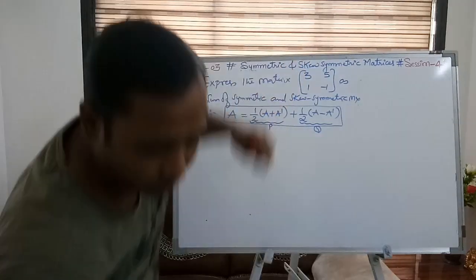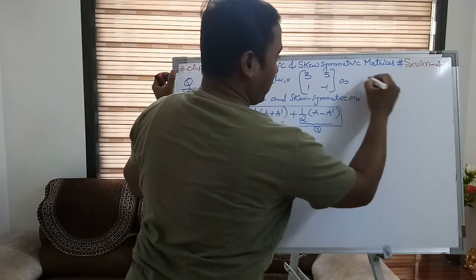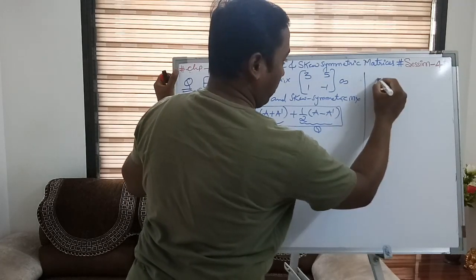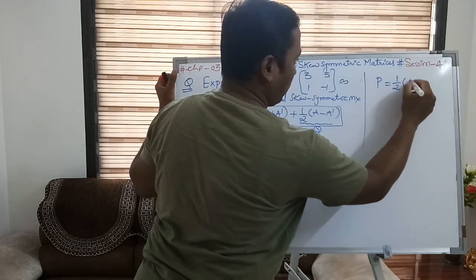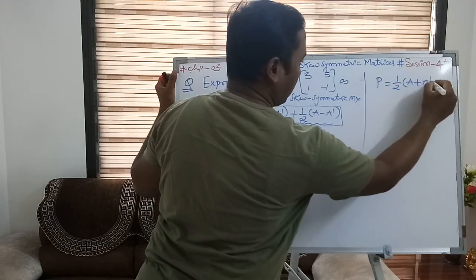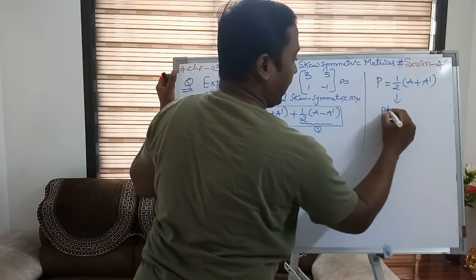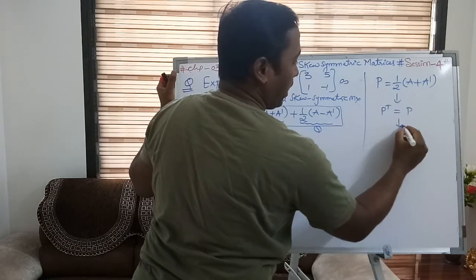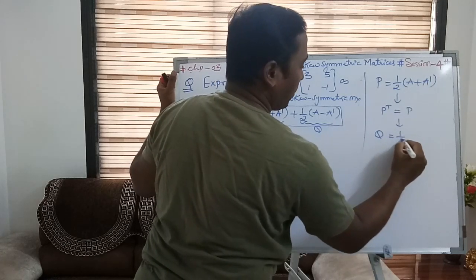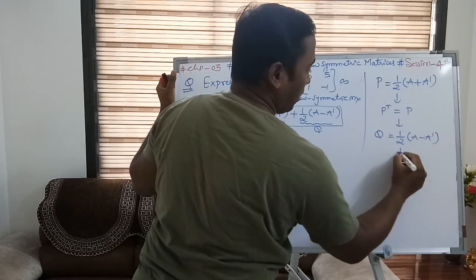To prove this question, we need to follow some algorithm. What is the first step to be followed? First, I will find P, which is equal to half of A plus A dash. Then I will prove P dash, P transpose, is equal to P. Then I will take Q, which is equal to half of A minus A dash.